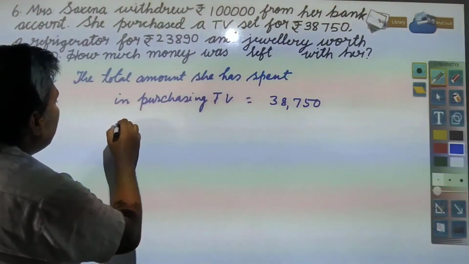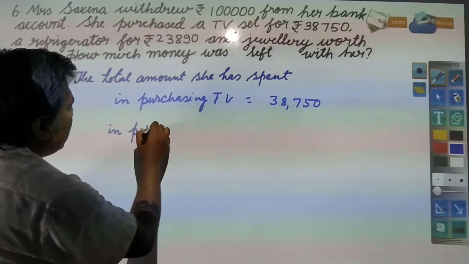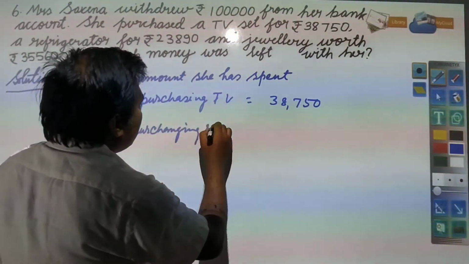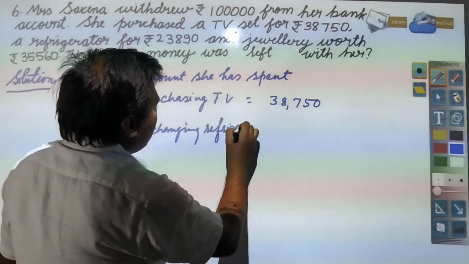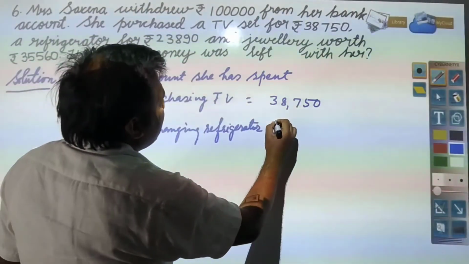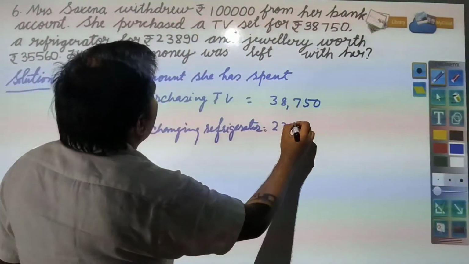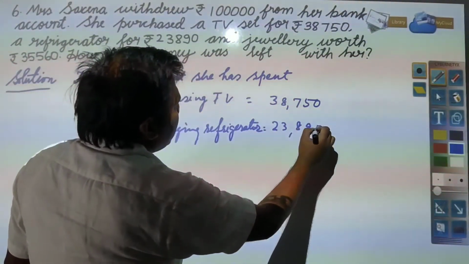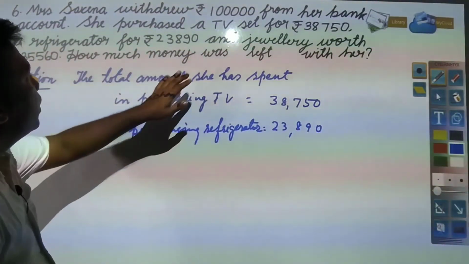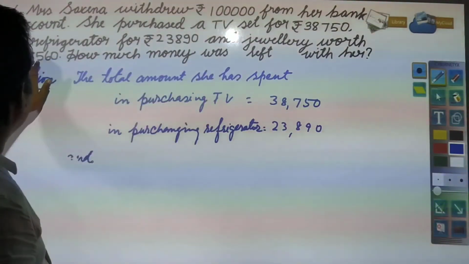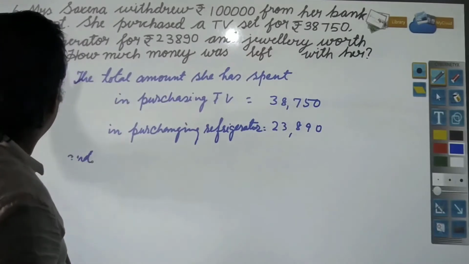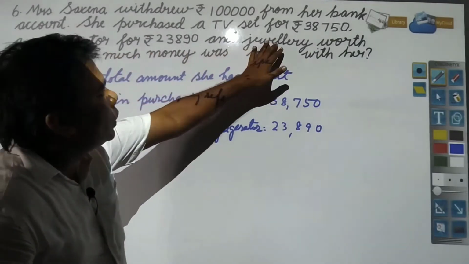In purchasing refrigerator, that is how much? 23,890 rupees, and of this much amount, 35,560 rupees, she purchased jewelry.